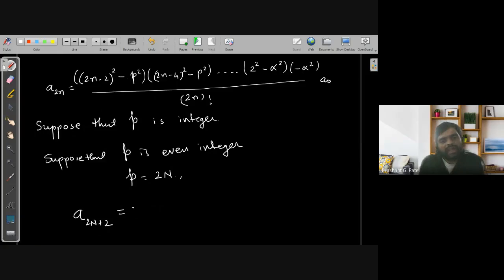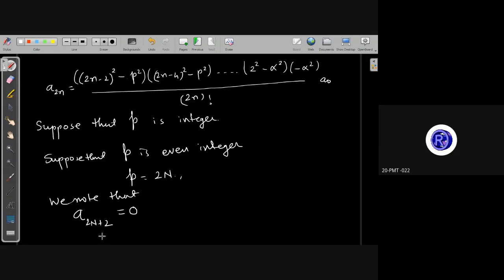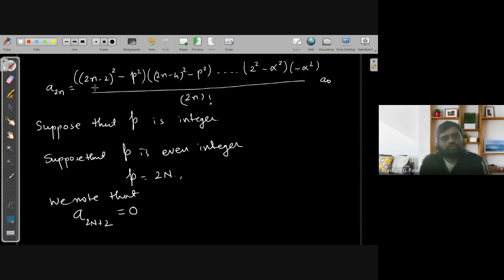So in that case, we know that this a2n plus 2 is 0. Have you understood this? No, sir. What is a2n plus 1? You just substitute instead of 2n, we have now 2n plus 2. What will happen?